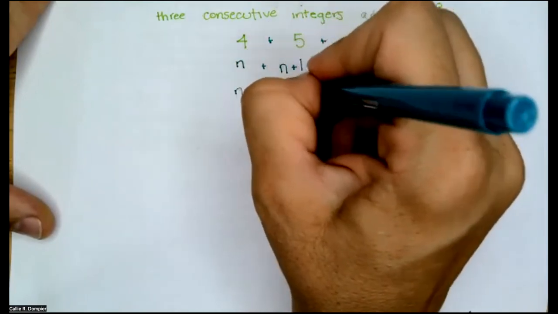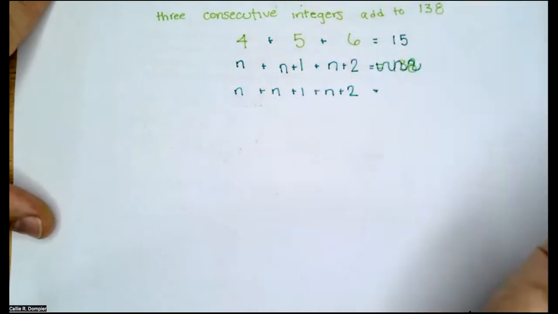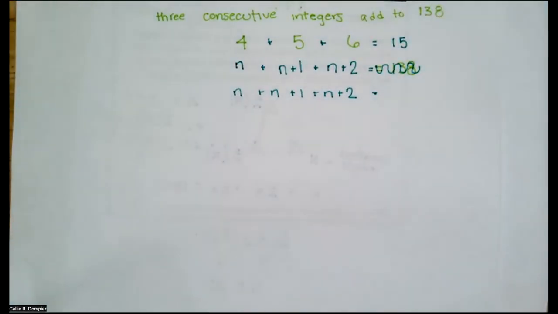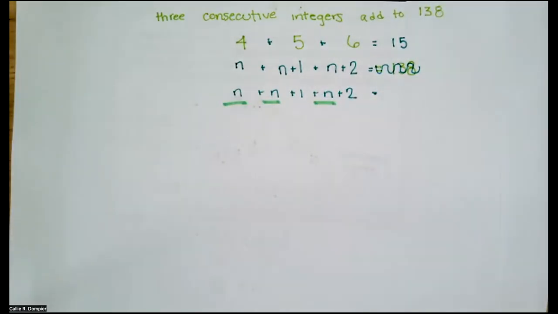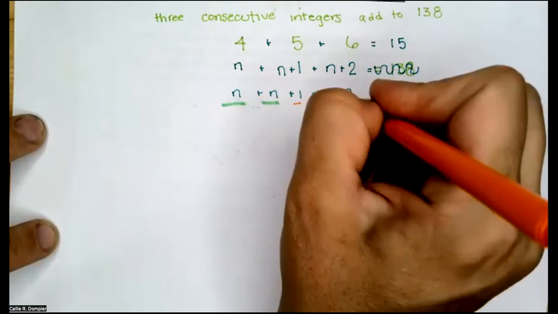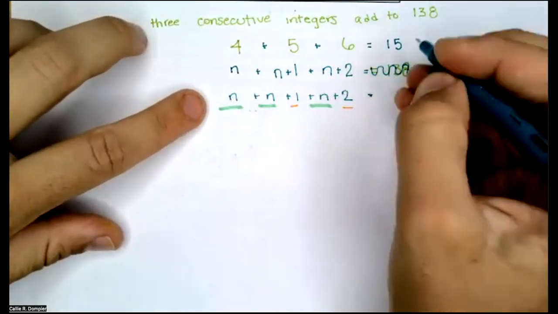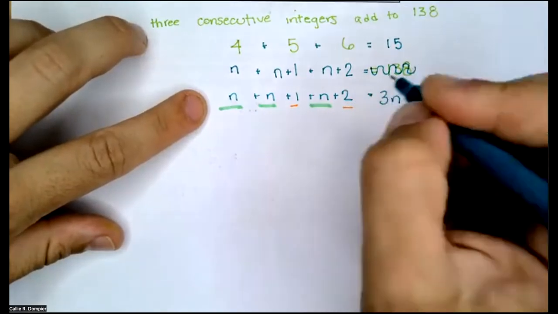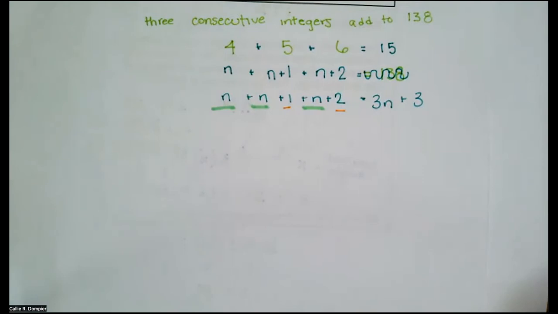Now we're just combining like terms. One, two, three n's. 2 plus 1 is 3.